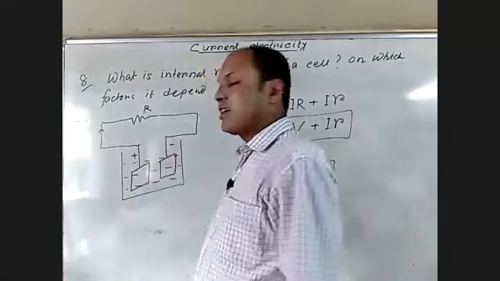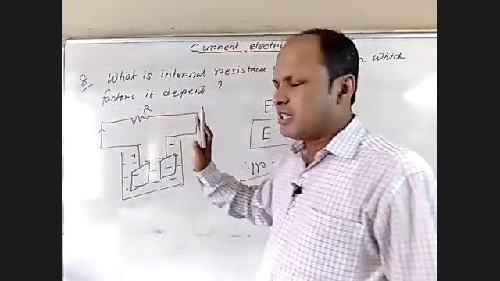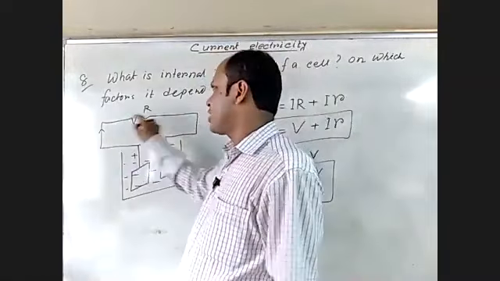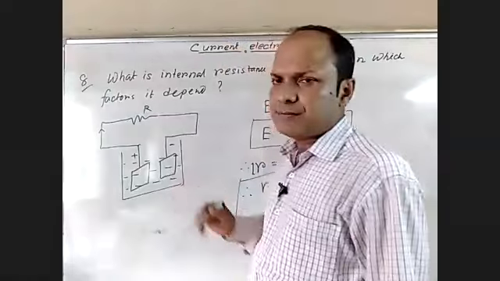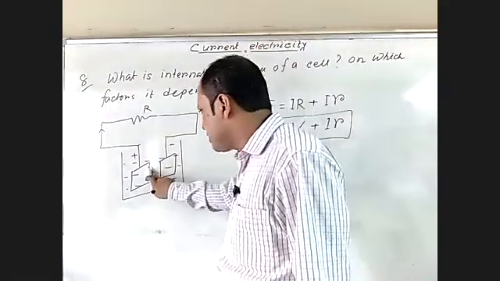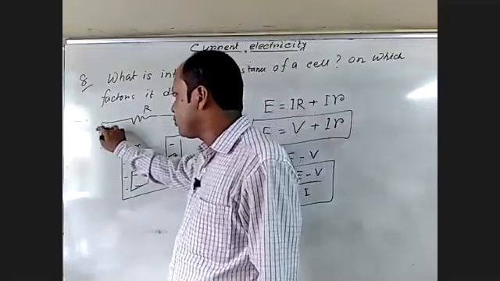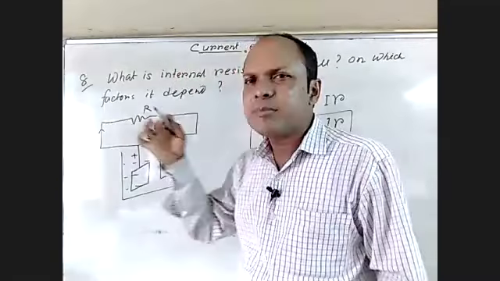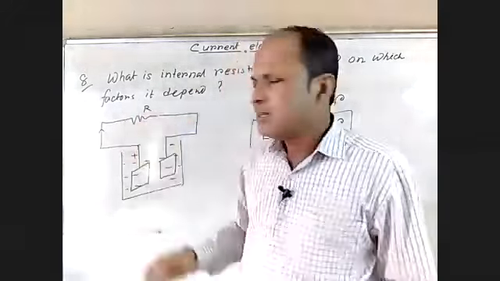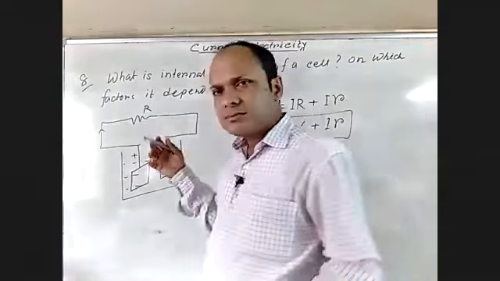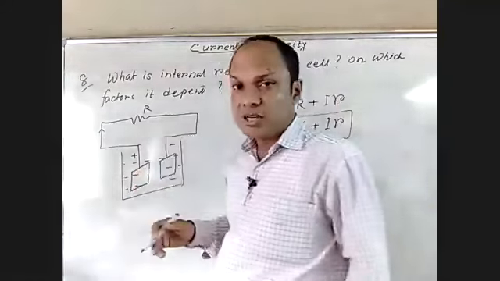This is positive, this is negative. Whether electrons are in motion through the wire or positive ions are moving, in this case they can flow through the wire in a very easy manner. There will be no problem. Minimum resistance will be offered by the conductor, because the conductor is a good path for the flow of charge.